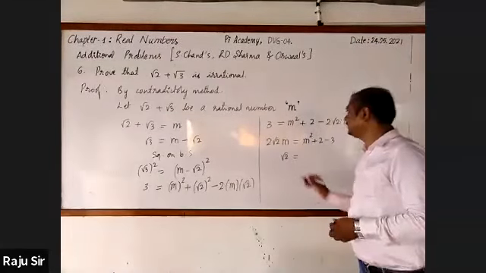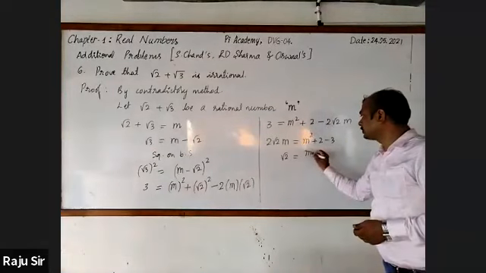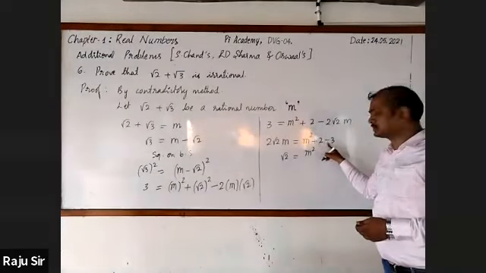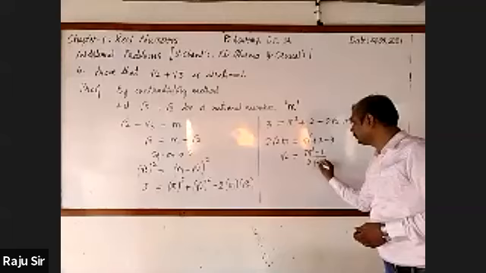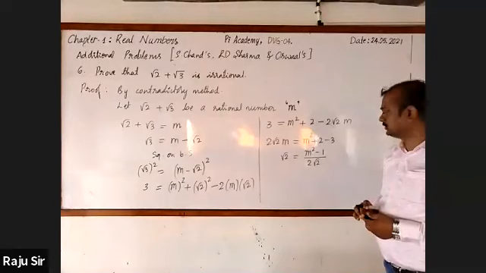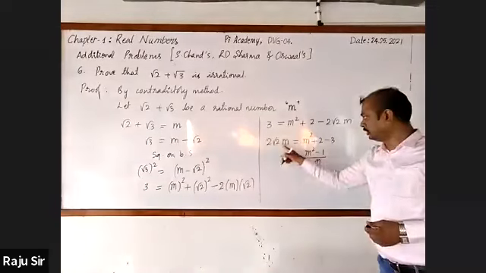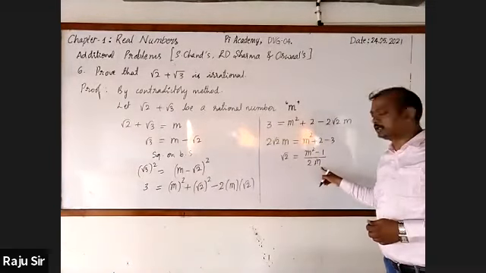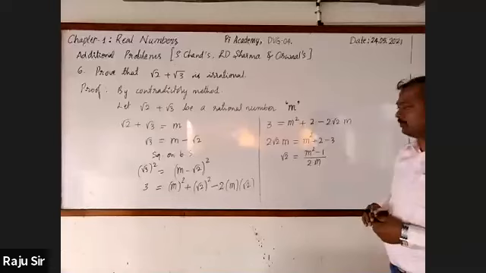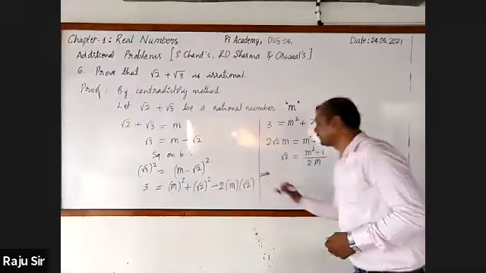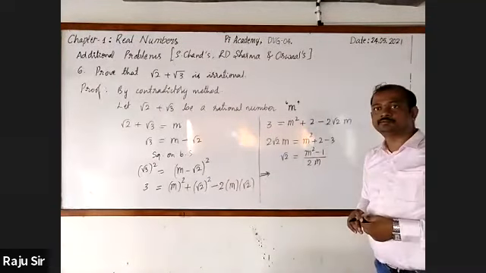Root 2 is equal to m square, 2 minus 3 is minus 1, so m square minus 1, divided by 2 root 2. I have written it directly. Root 2 is equal to m square minus 1, and the remaining 2 into m should be taken to the denominator.